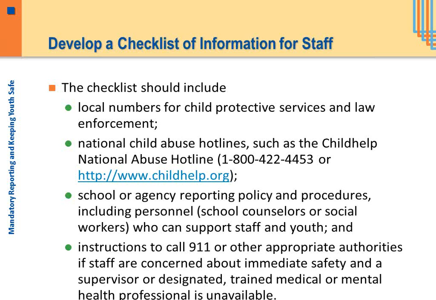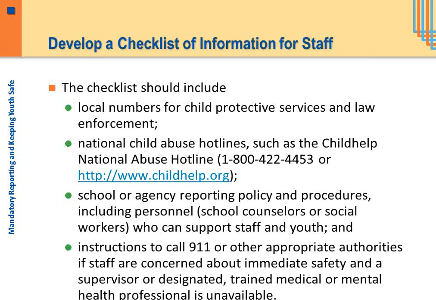So you want to make sure that the checklist for staff includes local numbers: law enforcement, Child Protective Services, national child abuse hotlines, school or agency reporting policies and procedures.